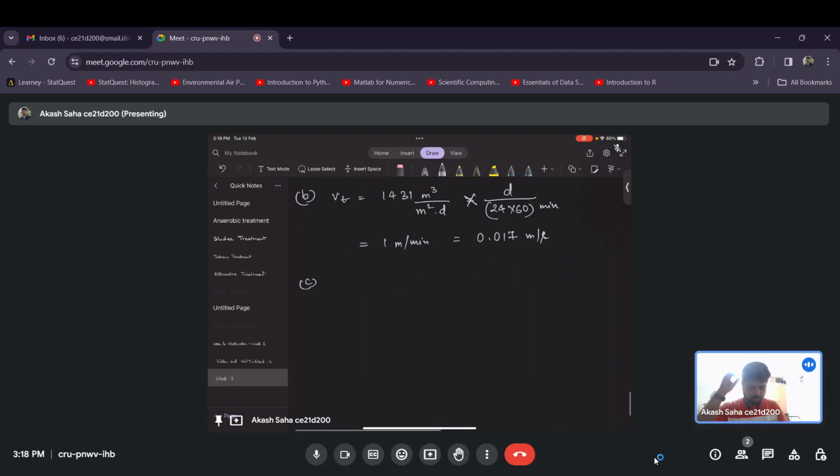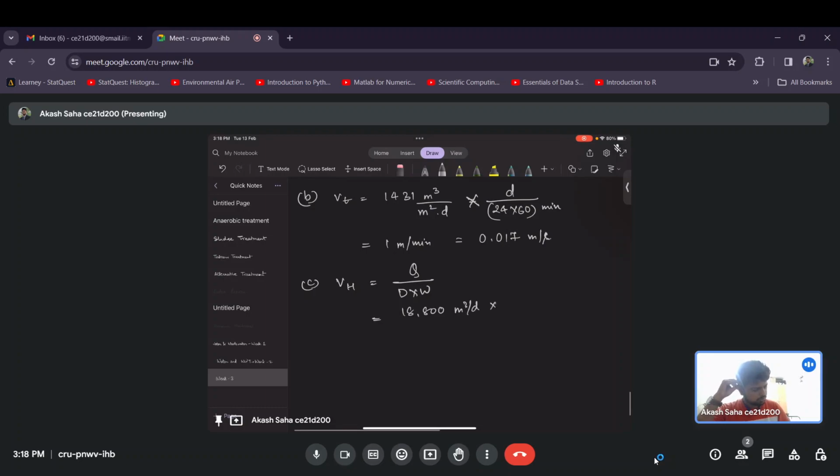Now option C was my horizontal velocity. My horizontal velocity VH will be equal to again the discharge, but this time I will take not the top surface area but the side surface area, that is D into W. So it will be 18,800 meter cube per day.